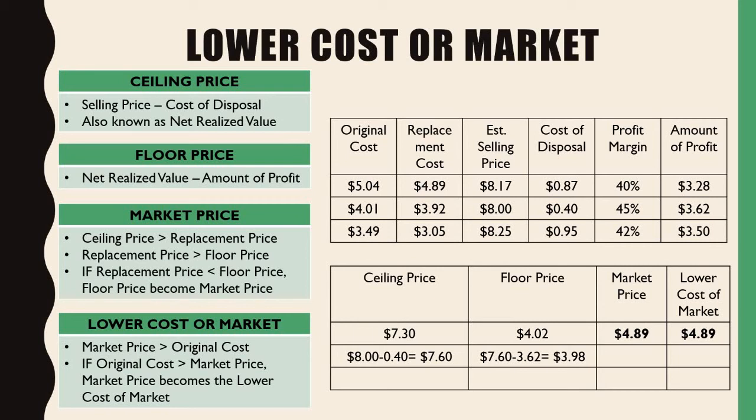What's my lowest value? The 392. So what's in the middle? $3.98. What does that number happen to be? The floor price. So because my floor happens to be in the middle, that means my floor is going to become my market price. So my market price is $3.98.